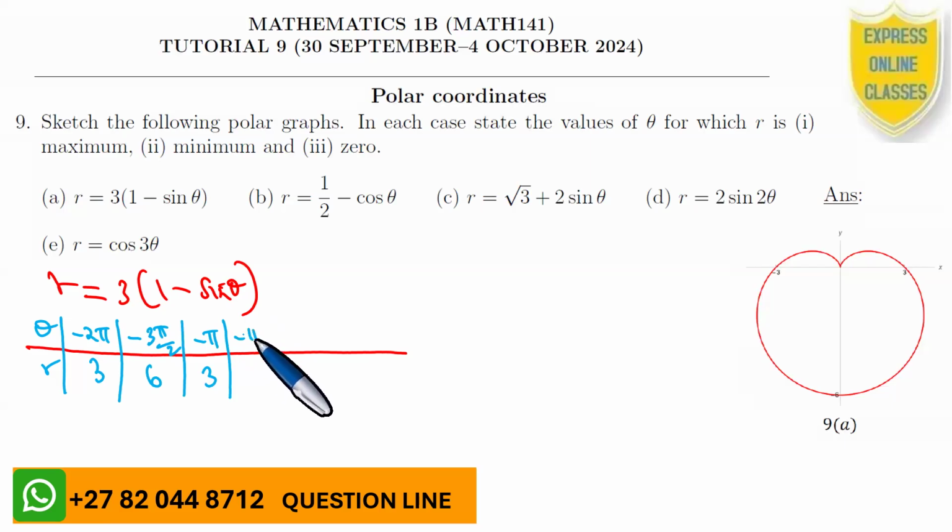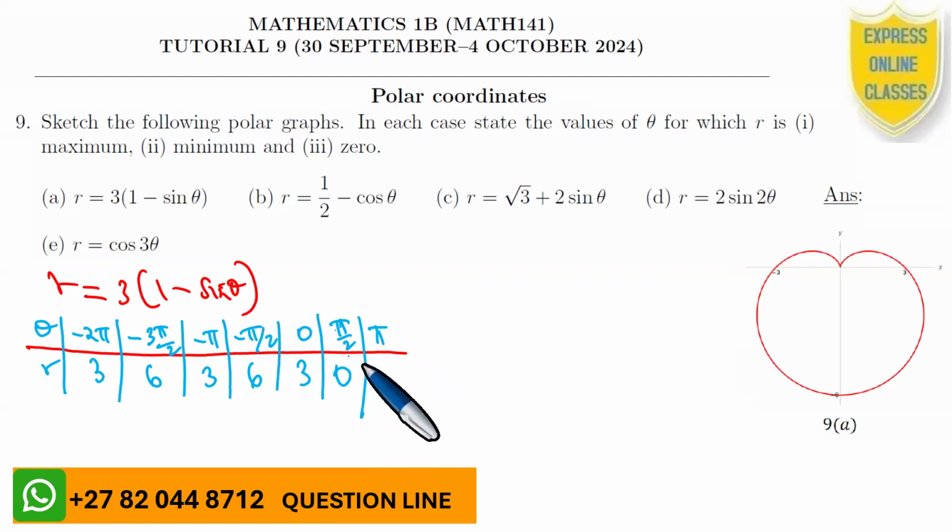And then we have minus pi over 2 radians, giving 6. At 0, the sine of 0 is 0, giving us radius 3. Then we're also going to have pi over 2. The sine of pi over 2 becomes 1. So 1 minus 1 becomes 0.